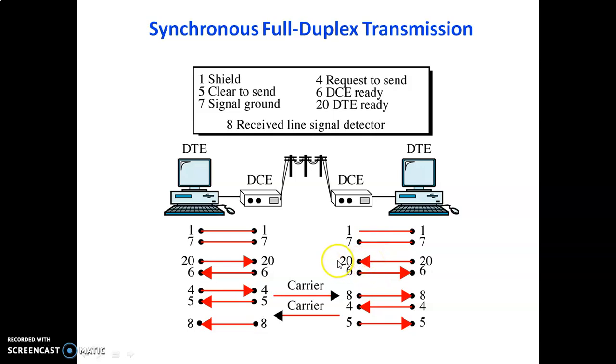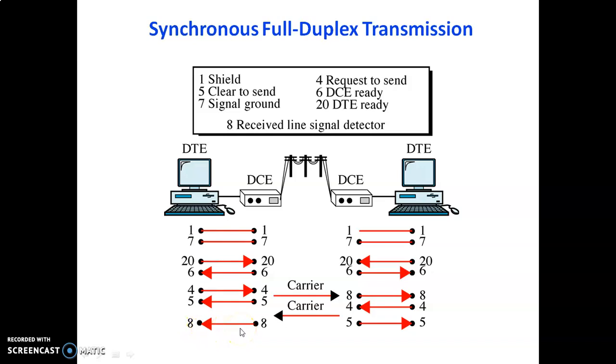Next, step 3 sets up the physical connection between the sending and receiving modems. It is the first step that involves the network. First, the sending DTE activates pin 4 and sends its DCE a request to send message. The DCE transmits a carrier signal to the idle receiving modem. When the receiving modem detects the carrier signal, it activates pin 8, the received line signal detector, telling its computer that the transmission is about to begin.